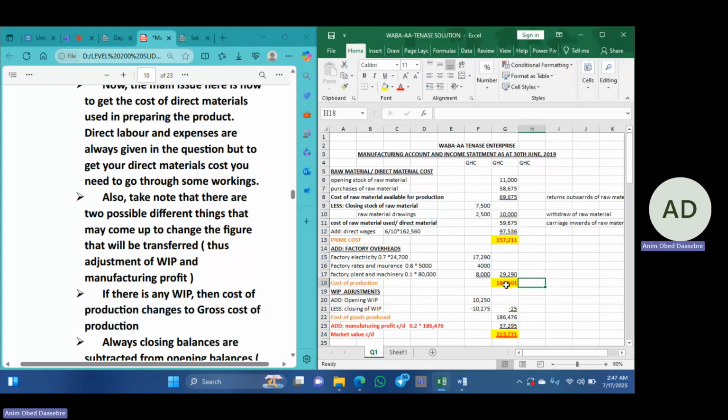But if there are adjustments on the work in progress of raw materials, then after doing that, this will be the balance. The one I've highlighted will be the figure that you are going to transfer to the income statement as the cost of production. And this cost of production is going to be replaced.